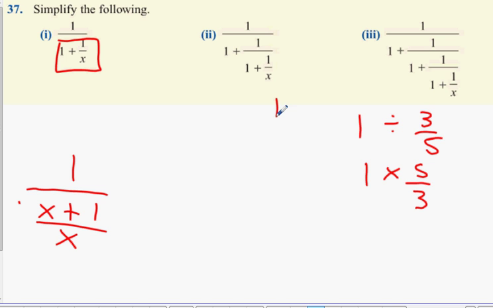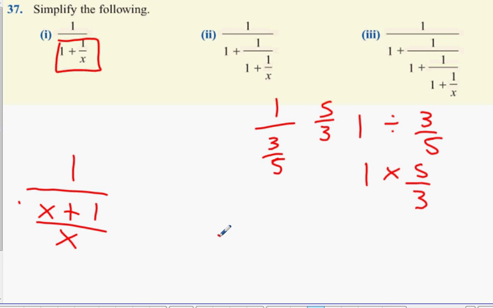The answer to that is actually 5 over 3. You told me how to do it. Oh, yes, sorry. Turn the fraction upside down and multiply, yeah? I just forgot that one.